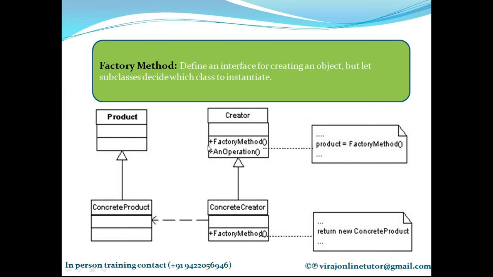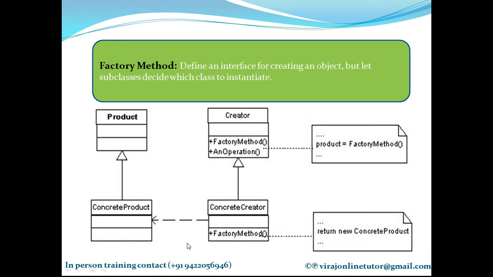Next point to remember is to define our factory method. Inside the factory method, you can have whatever logic you want to create the respective concrete products. Like in the example I mentioned, let's consider that I have two concrete products, concrete product 1 and concrete product 2, both inheriting from product. You can have whatever logic you want inside the definition of this factory method in selecting which object to create out of the two products.